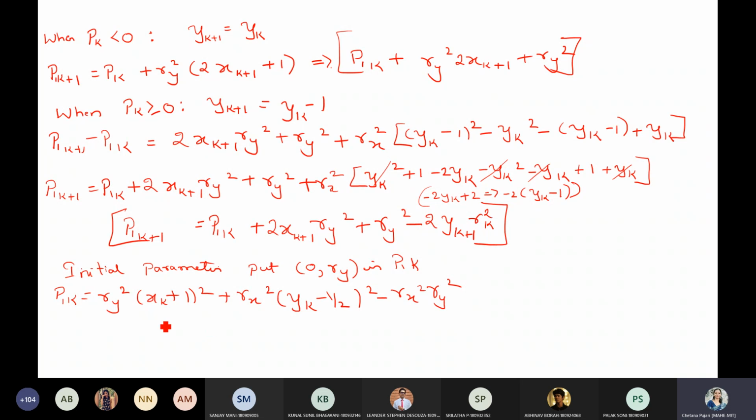So this equation we already have. Put x value as 0 and y value as ry. So the final value you get, that is p1 of 0 is equal to ry square plus rx square by 4 minus rx square. So this is your initial parameter.